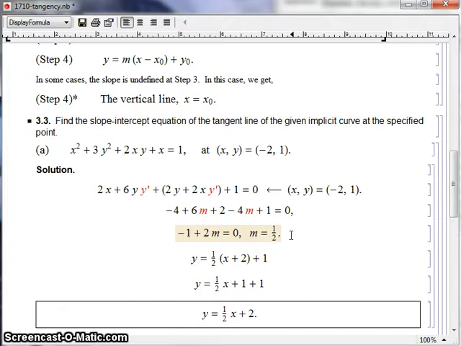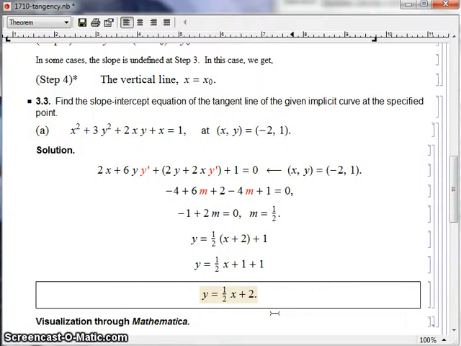What does that mean? The slope of the tangent line is 1/2. So putting everything into the point-slope equation of the line, y equals 1/2 (x minus (-2)) plus 1, or 1/2 x plus 2 plus 1. Breaking up the parentheses and simplifying, we get the slope-intercept equation.